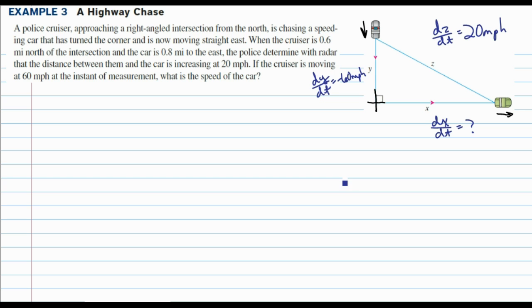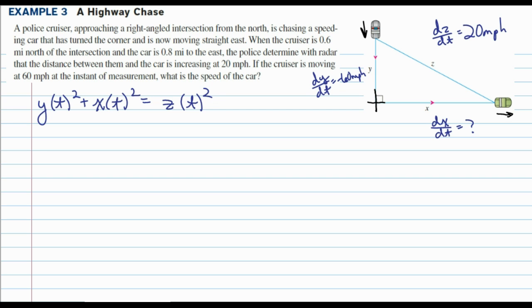So now a good setup here, if I'm talking about three sides of a right triangle, would be the Pythagorean theorem. Now x, y, and z are all functions of time. They are all changing: the distance of the speeding car from the intersection, the cruiser from the intersection, and the speeding car from the cruiser. So I'm going to say y(t) squared plus x(t) squared equals z(t) squared.